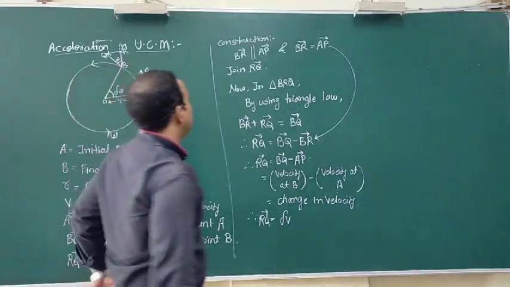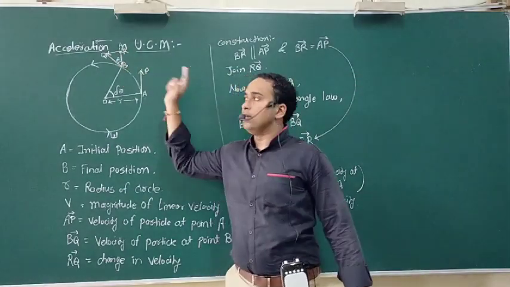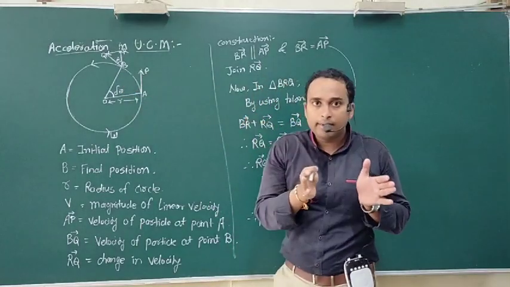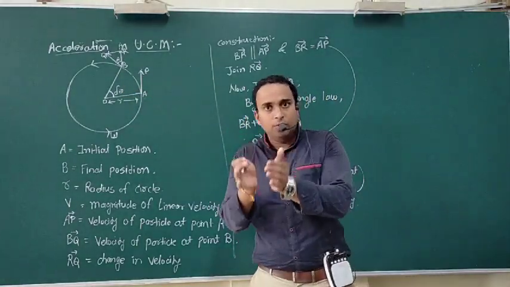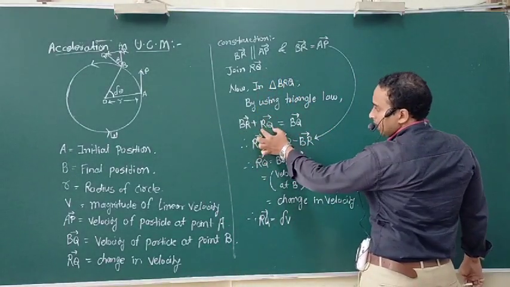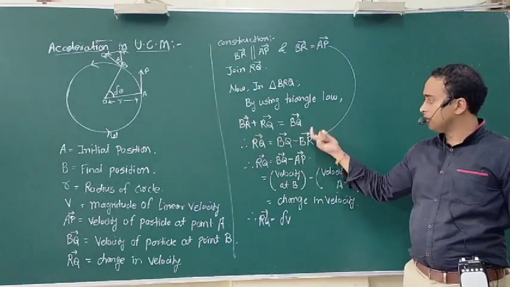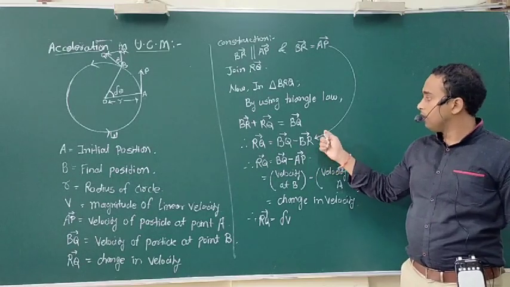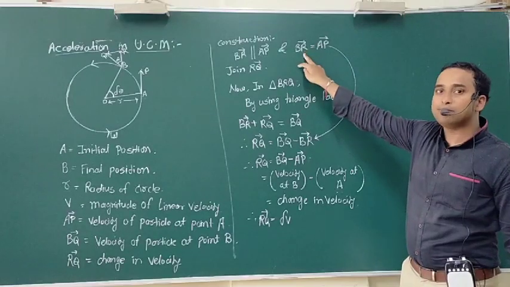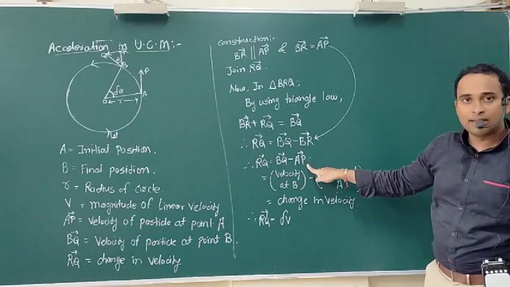Okay, understood? In triangle BRQ, we use the triangle of vector addition, which is P bar plus Q bar is equal to R bar. So we use BR bar plus RQ bar is equal to BQ bar. This term goes to this side. Now BR bar is equal to AP bar, so we replace BR bar by AP bar. So we get BQ bar minus AP bar.